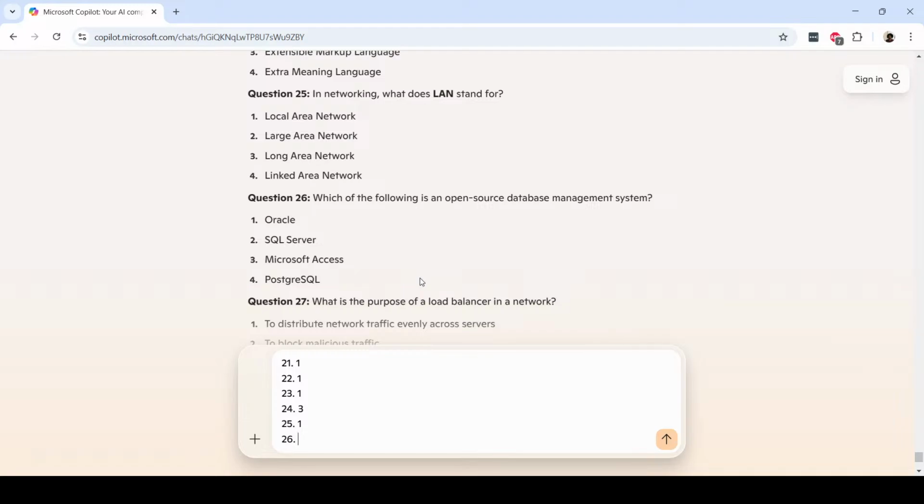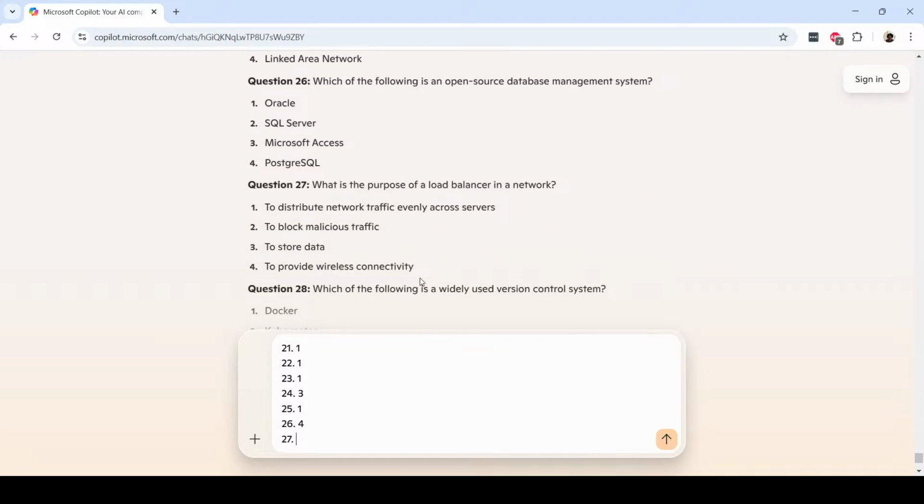Which of the following is an open source database management system? Microsoft Access is Microsoft's, Oracle is Oracle, SQL Server and PostgreSQL. So SQL Server or PostgreSQL? Open source database management system is PostgreSQL. Yes. So Postgre.